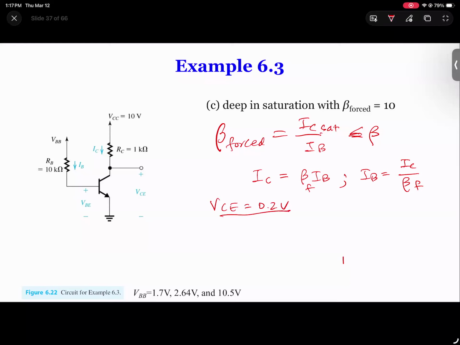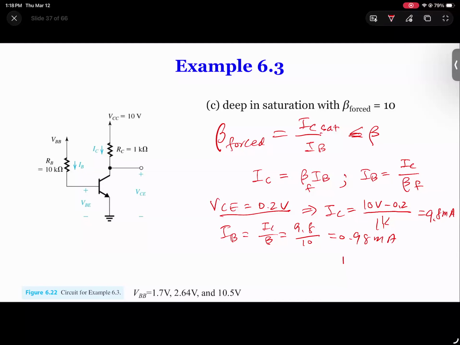So if VCE is 0.2, we can calculate IC: 10 volts minus 0.2 divided by 1K. That gives you 9.8 milliamps. So now we can calculate IB, which is IC over beta forced, 9.8 divided by 10. That gives you 0.98 milliamps.